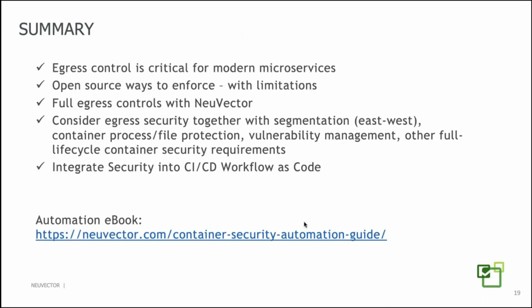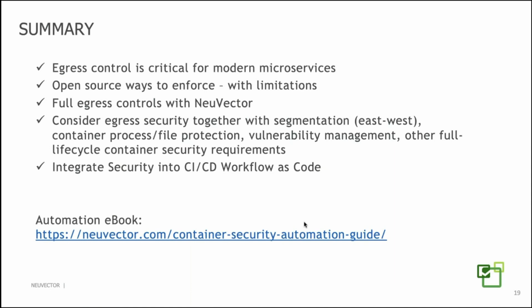All right, so let's recap and then take any questions. So in summary, egress control is critical for preventing data breaches and attacks. There are different ways to enforce it, including open source ways with limitations. NewVector offers the most flexibility, security, monitoring, all of those capabilities.